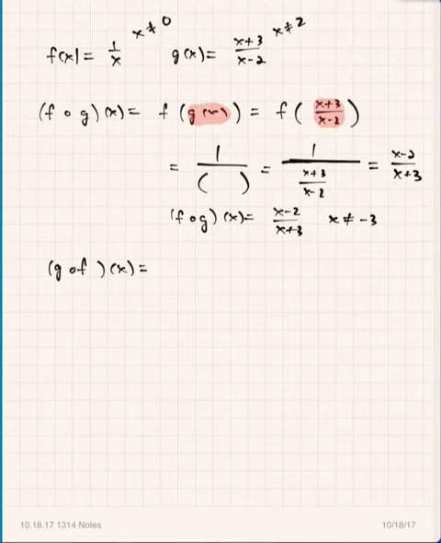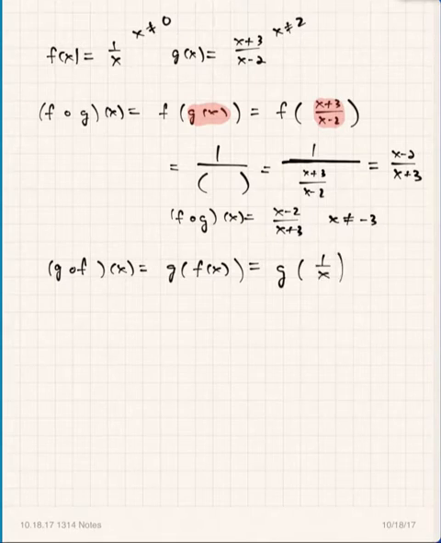All right, so composing the other direction, you have g circle f of x, which by definition is g of f of x. And so we go to the inside piece there, the f of x, and this is g of 1 over x. Where I just replaced f of x right here with what it is equal to.